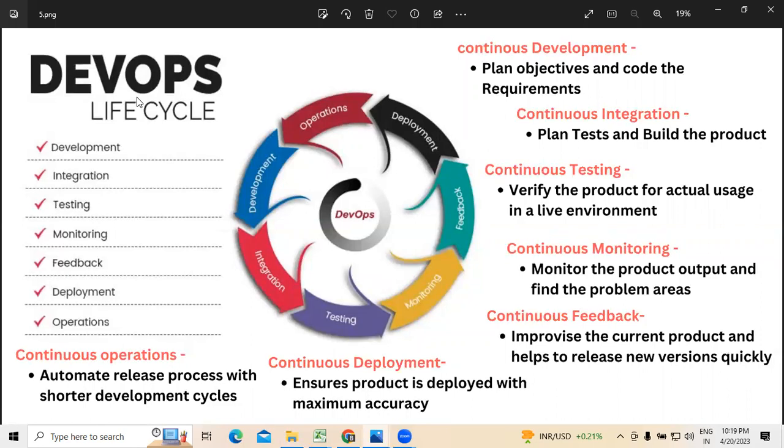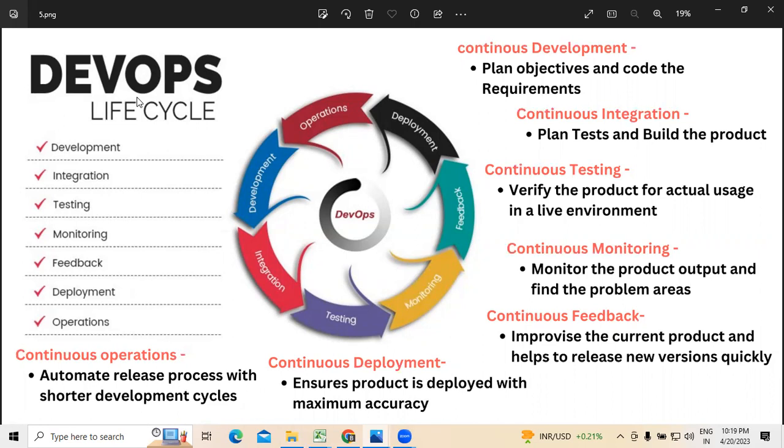In this DevOps life cycle, on the left hand side, development, integration, testing, monitoring, feedback, deployment, operations. These were earlier in two different phases. Development, testing, monitoring, all in one phase. Deployment, operations, all in the second phase. These are the two different things.